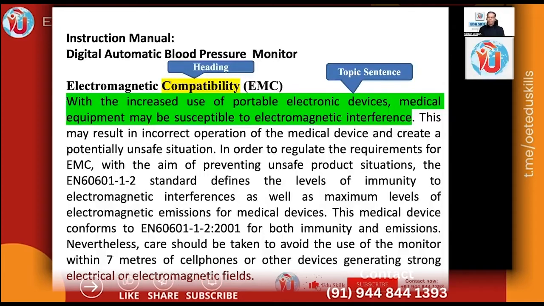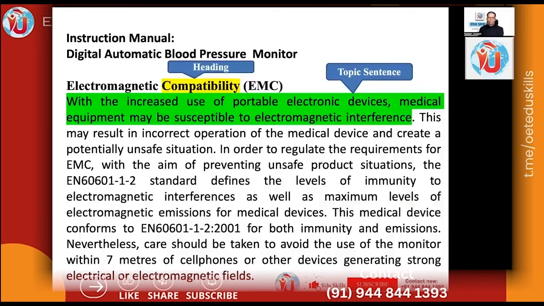In order to regulate the requirements for EMC with the aim of preventing unsafe product situations, the EN 60601-1-2 standard defines the level of immunity to electromagnetic interferences as well as maximum level of electromagnetic emissions for medical devices.